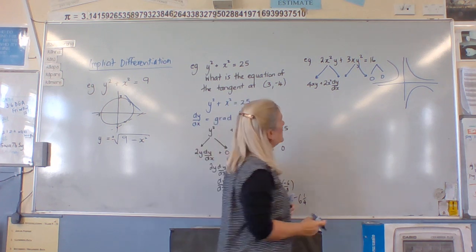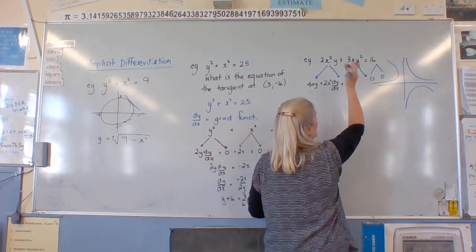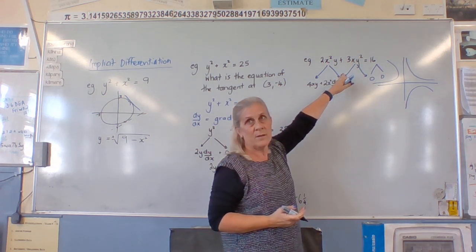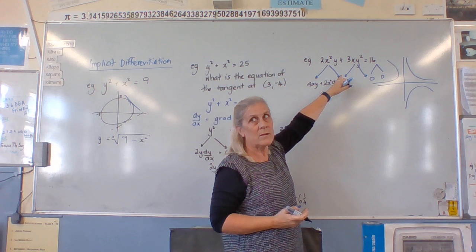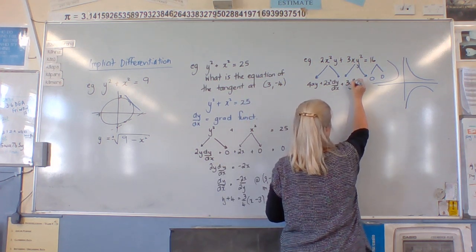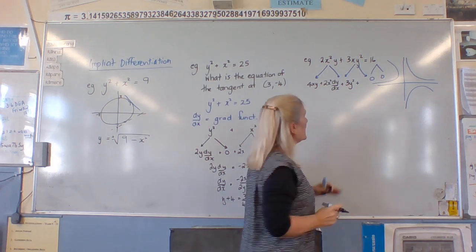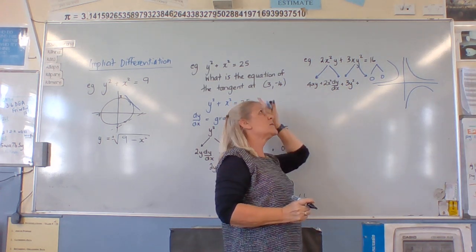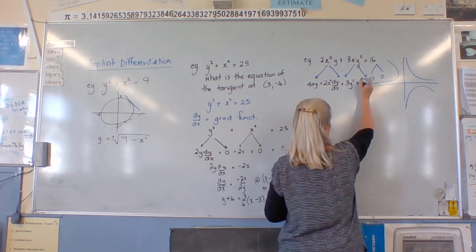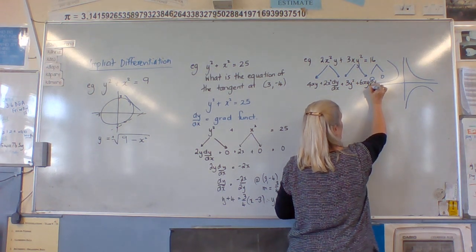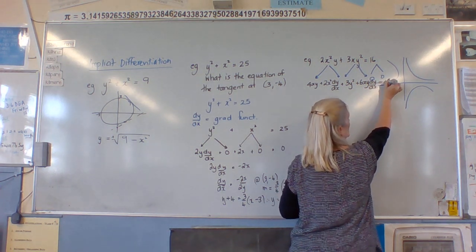All right? So now we do the next one. In terms of x, we will get 3y squared. In terms of the y's, we will get 6xy and the dy by dx, and it will equal 0.